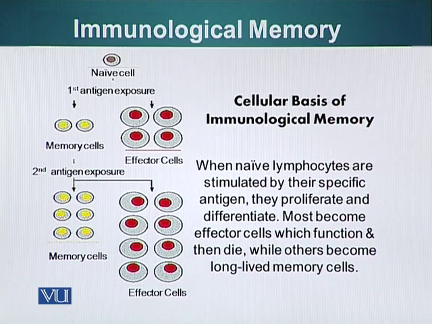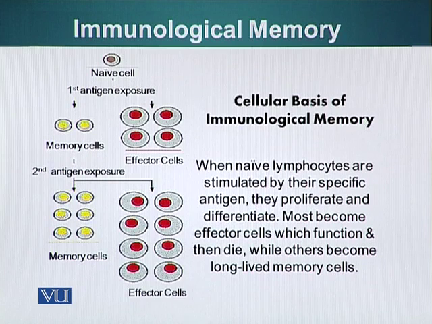Effector cells, in the case of B cells, are the plasma cells, which produce antibodies and release them in the system. Effector cells are short-lived. They produce a lot of antibodies and die off gradually, and once they die off, the primary immune response shuts down.